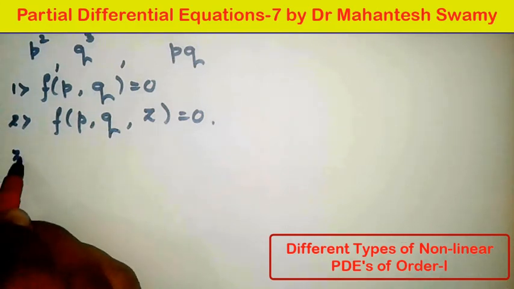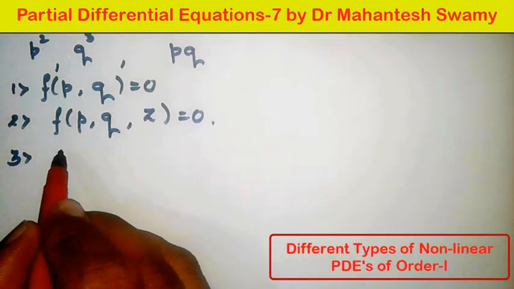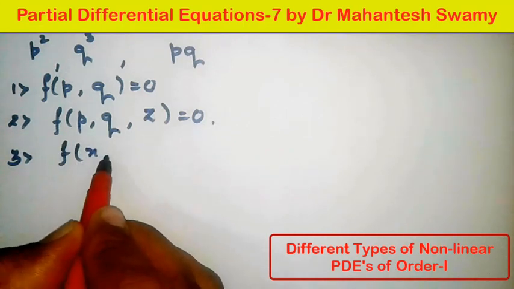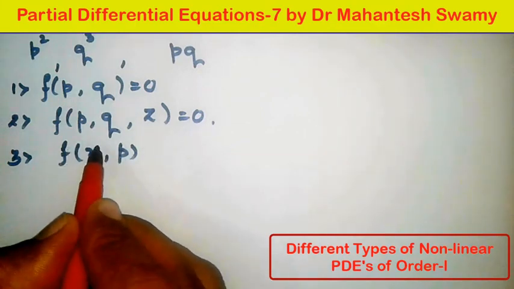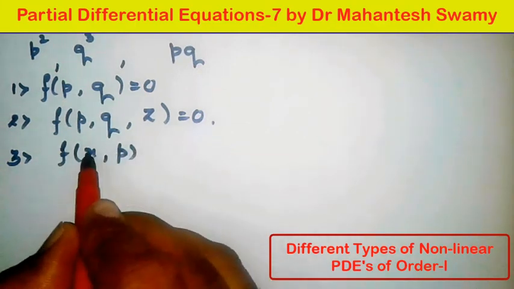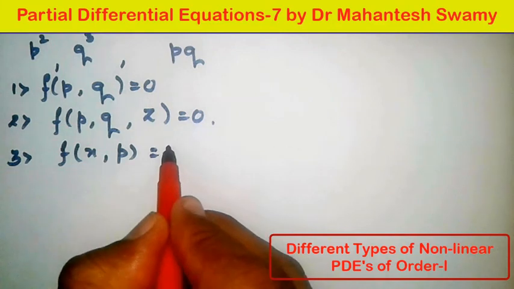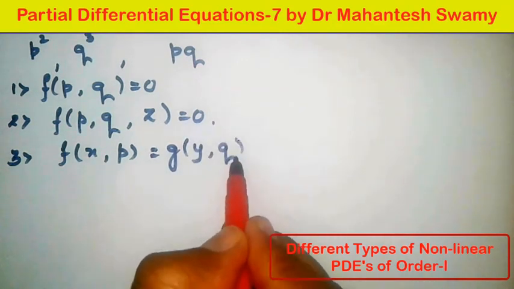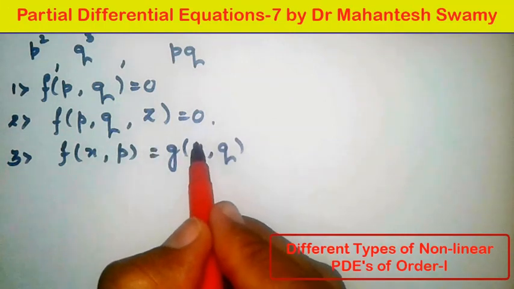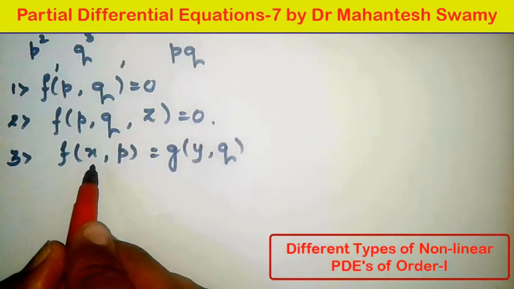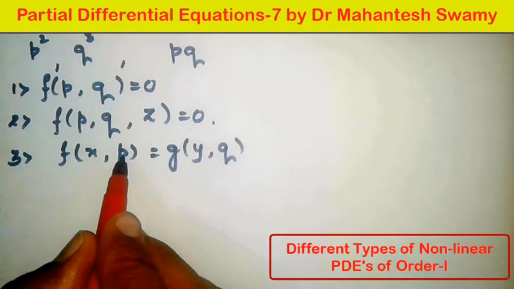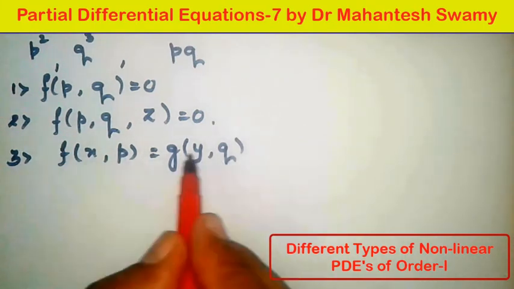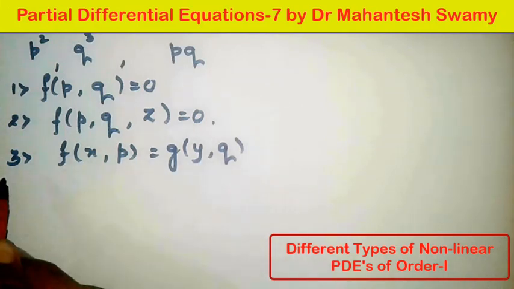In the third category, we will consider the differential equations of the form: some relation between x and p on the left hand side, whereas on the RHS some relation between y and q will be there. So we will be observing separate variables, that is x along with p, and q along with y on either side, in category number 3.